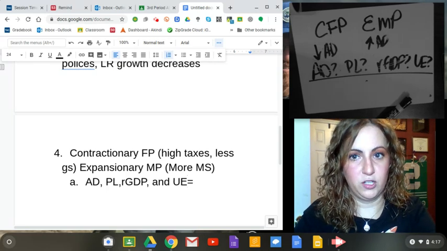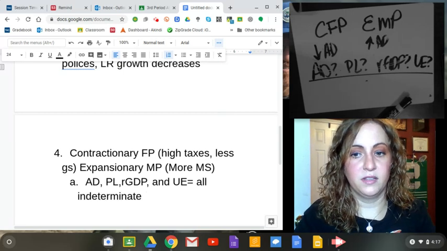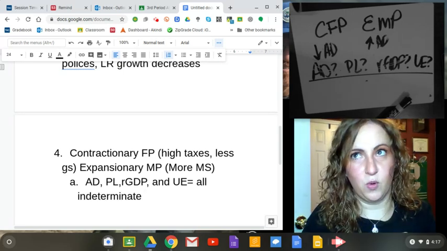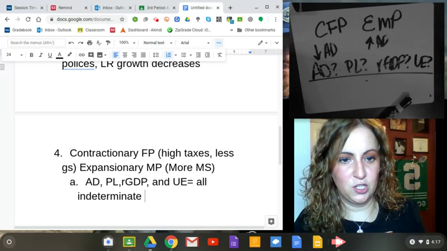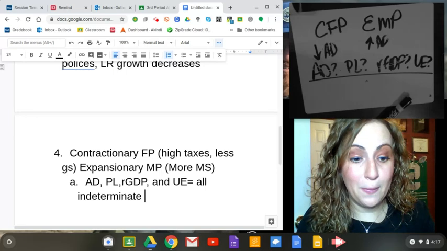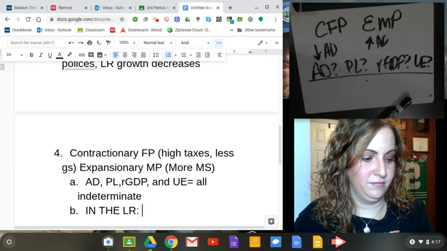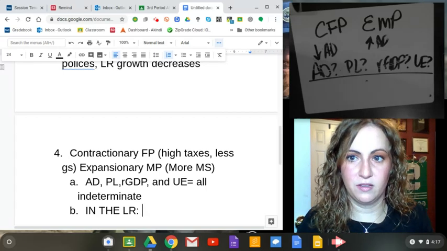They're all indeterminate. Because one is going to shift aggregate demand to the right, the other one's going to shift aggregate demand to the left. I have no idea which one outweighs the other, but I do know what happens to interest rates in the long run. You probably could have guessed where this is going.